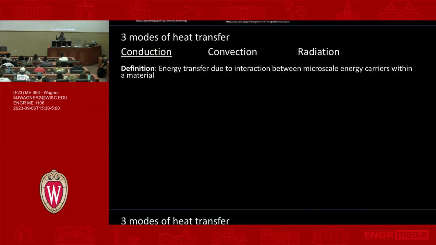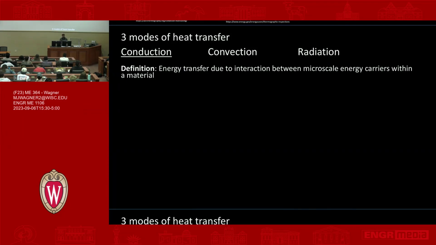Right? So this microscale, molecule to molecule, atom to atom energy transfer within a continuous material. So that's different from radiation, which is at a distance, or convection, where there's something moving. Conduction is kind of a static problem.